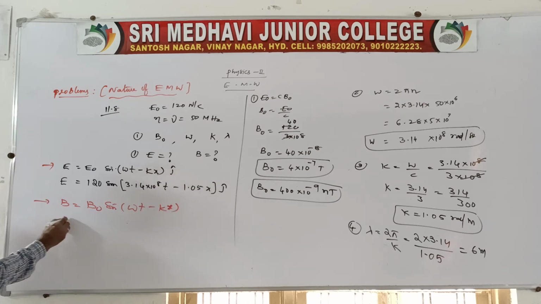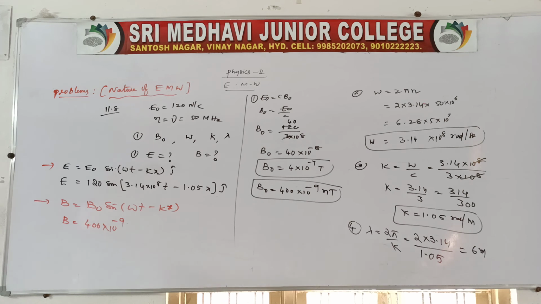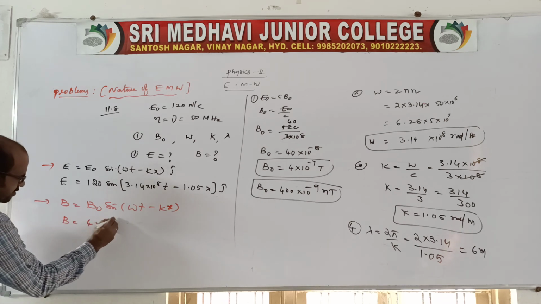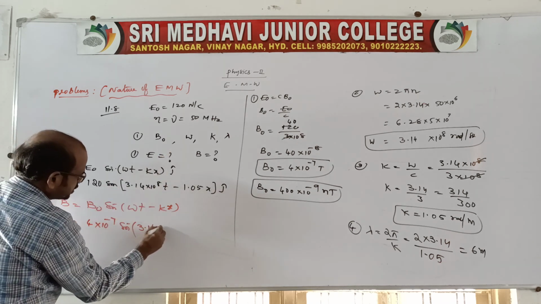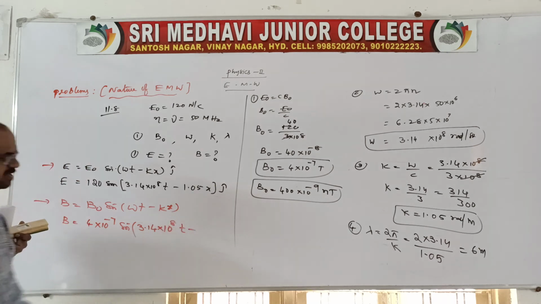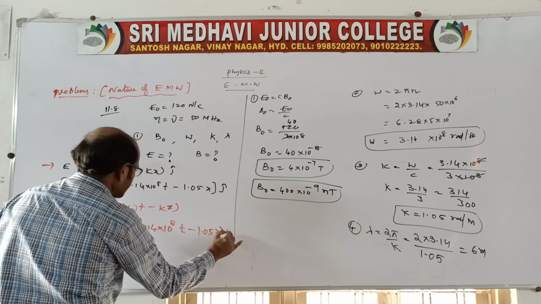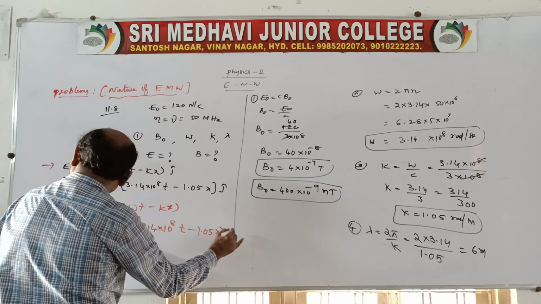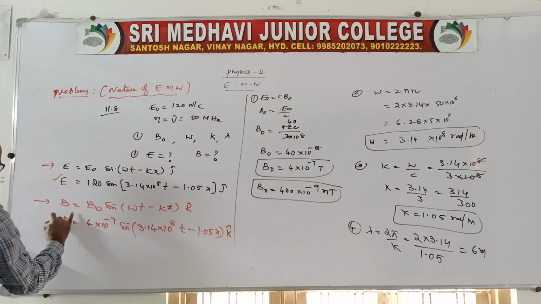We know the B naught value is 400 into 10 power minus 9 in nanoteslas, or in teslas, better to write 4 into 10 power minus 7, sine of omega, which is 3.14 into 10 power 8, t minus k, where k is 1.05 into x. So these are the expressions for E and B.